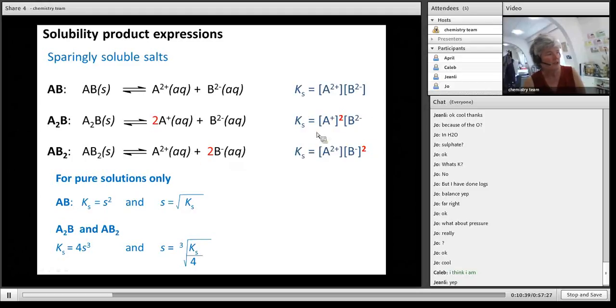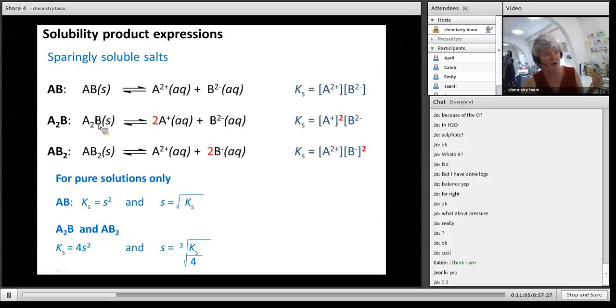If I have A2B, I have twice the amount of A than B. If my solubility for this salt was, say, 0.1, then for every 0.1 that breaks up, 1 of this will form 1 of B2 minus, so that will be 0.1.